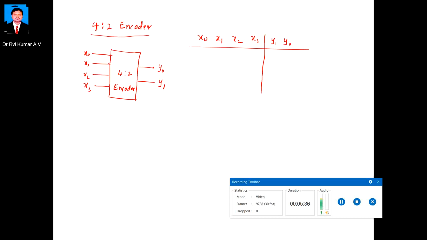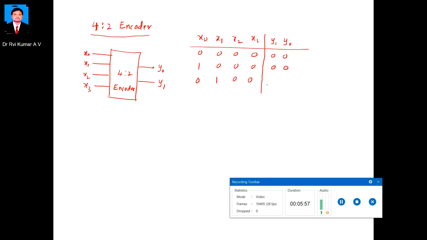If you are not given any inputs, obviously you will get the output as 0. Let me give x0 as 1 now.